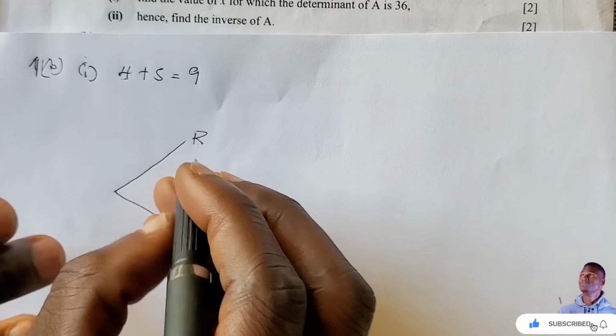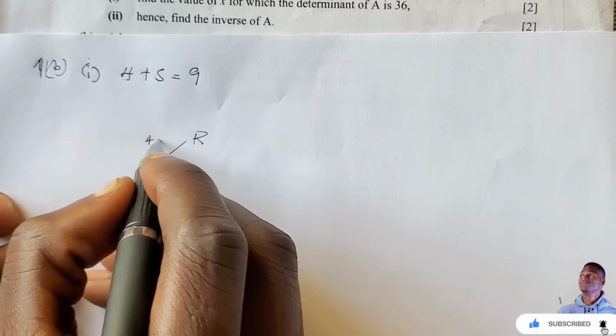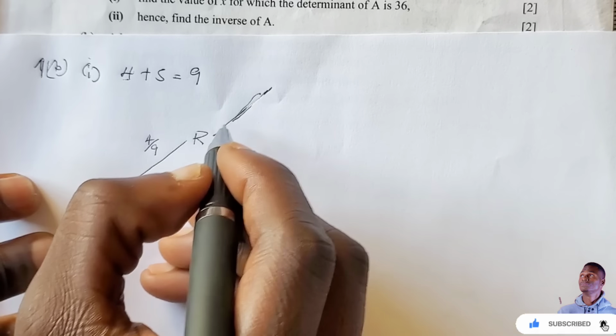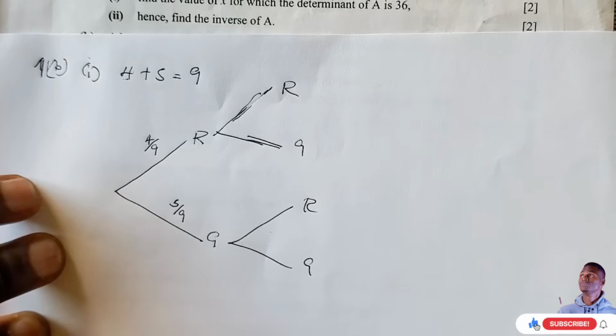So it will be 4 over total number is what? 9. Then for green, 5 over total number 9. Okay, it is as simple as this. Then second picking, that's where it gets interesting. So this is red, green, even here, red, green.